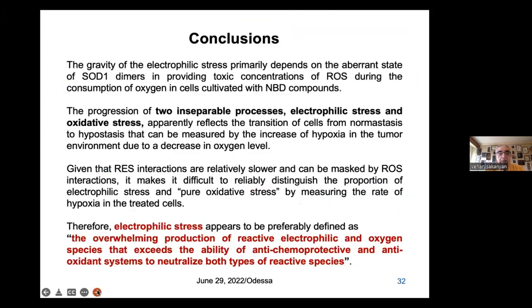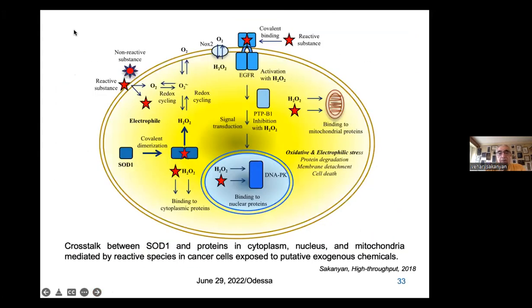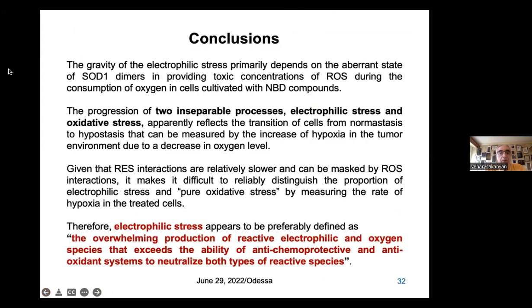Now, let's make some conclusions about what we have observed. First of all, the gravity of the electrophilic stress depends on the aberrant state of certain dimers, which provide a toxic concentration of reactive oxygen species, when cultivated with the inhibiting compounds. So two different processes, but inseparable, because they start from the same molecules.